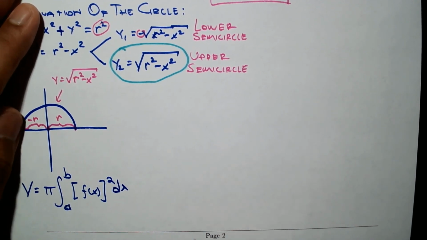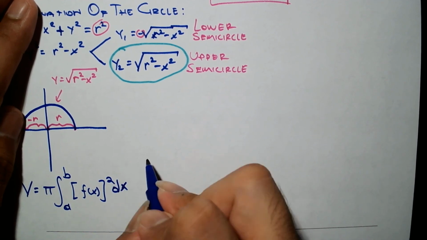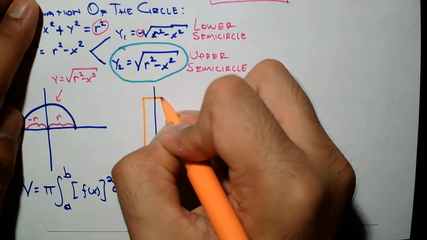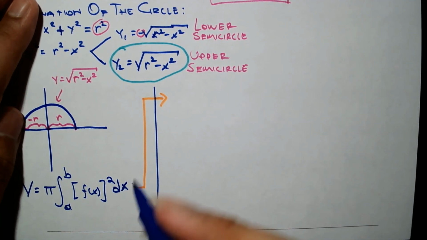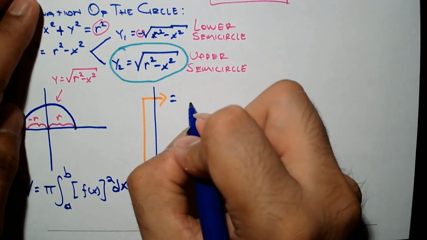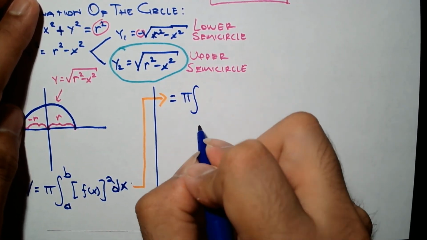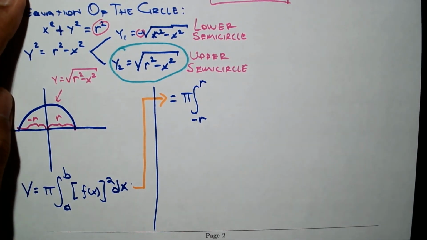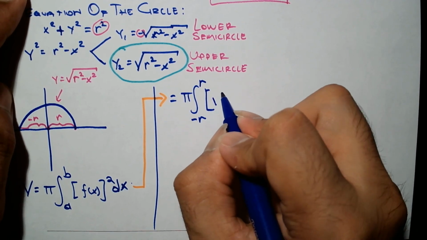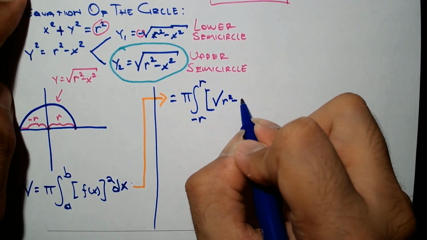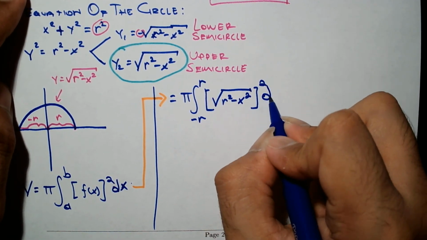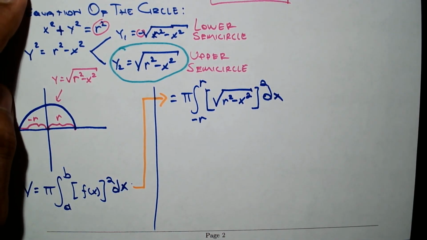Okay, so let me continue over here, and I'm going to start plugging in the information. I'm going to integrate from negative r to positive r the function square root of r squared minus x squared, quantity squared. It's going to look ugly at the beginning, but look what's going to happen here.